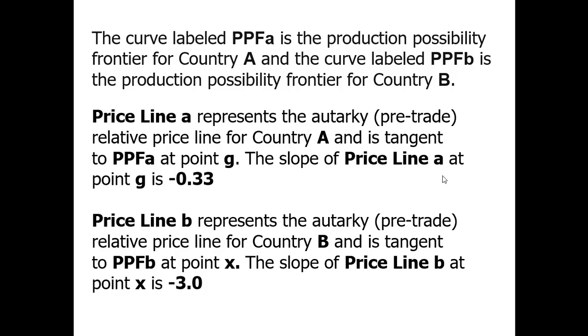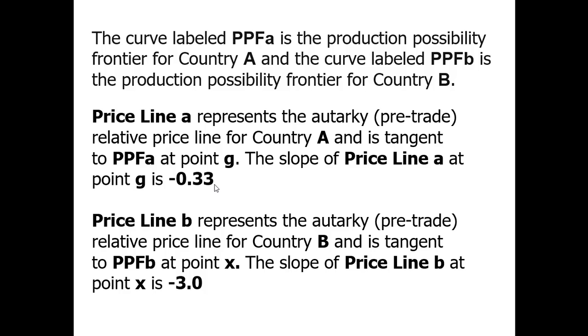The slope of the line at that point is also the slope of the production possibility frontier at that point. Therefore, the absolute value of the slope of the price line at that point is the relative price of good X, in this case autos, in terms of good Y, in this case wheat.